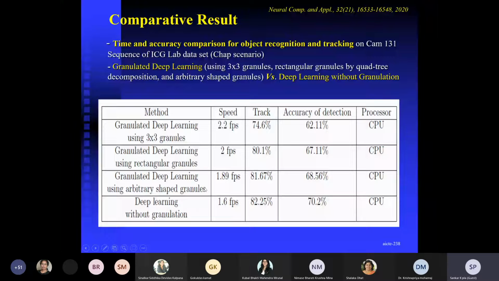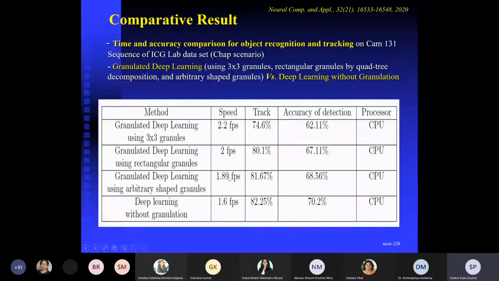Without granulation, CPU speed was 2.2 frames per second. Here it is 1.6. So speed has increased, but tracking accuracy has decreased: 74.6, 82. Accuracy of detection reduced. But let's consider these two, where there is no significant change, 82.25, 81.